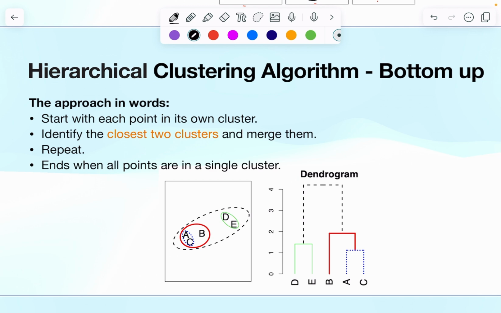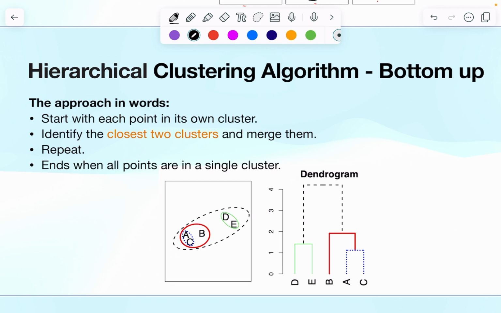So we can see in this picture, A and C is the closest one. So we group them together. After merging, we found that DE is the closest, the closest 2 clusters, and then we merge them. Finally, we have AC, B, and DE, these 3 clusters.